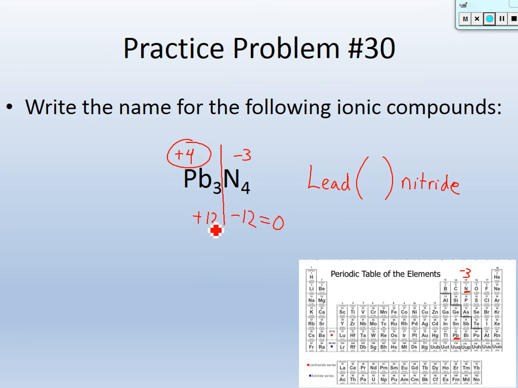Because 4 times 3 is plus 12. So when I name it, you're always going to name it based off what goes here, the charge of one of the lead ions. So how do I write 4 in Roman numerals? IV. Okay. So that is lead(IV) nitride.